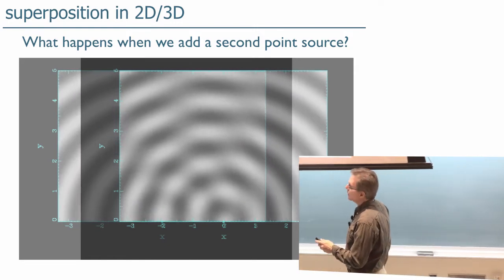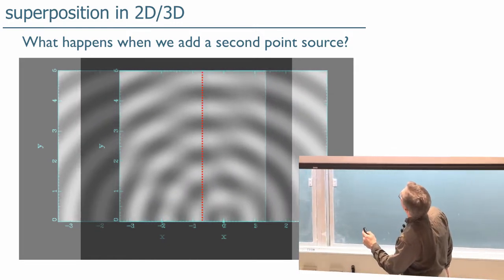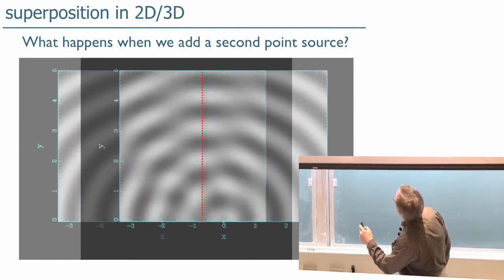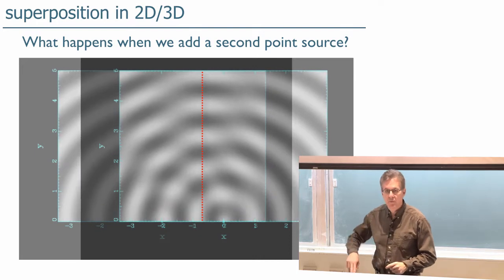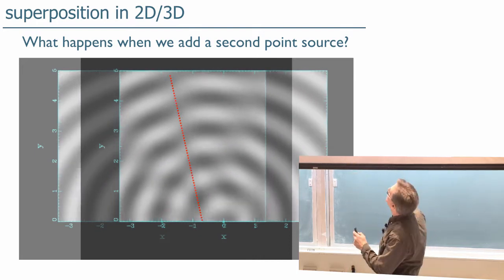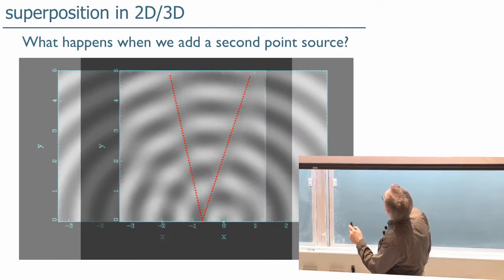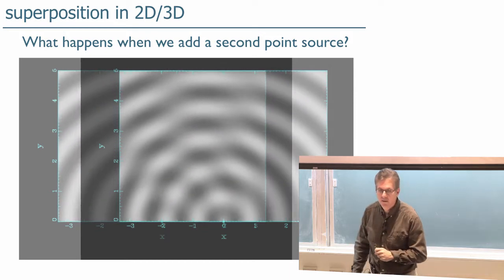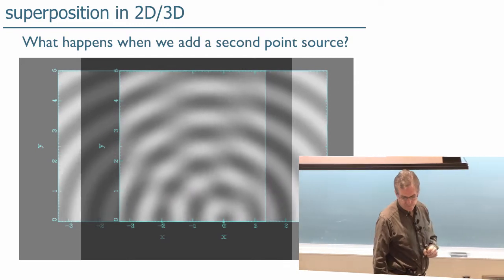For example, right up the middle, you get a strong central maximum going straight out, right? Just to the left and just to the right of that is a place where it's sort of gray. That's where the waves are tending to cancel each other out.